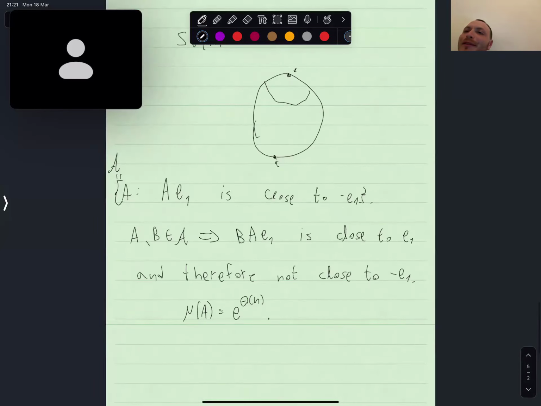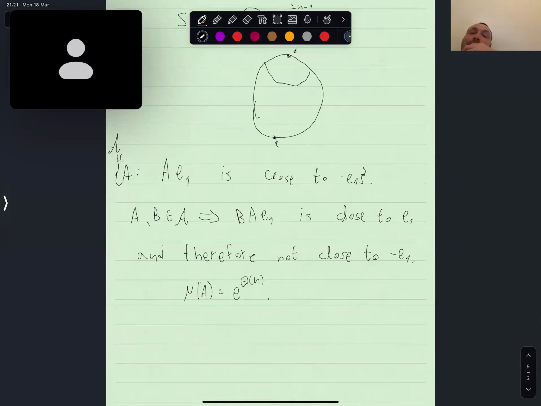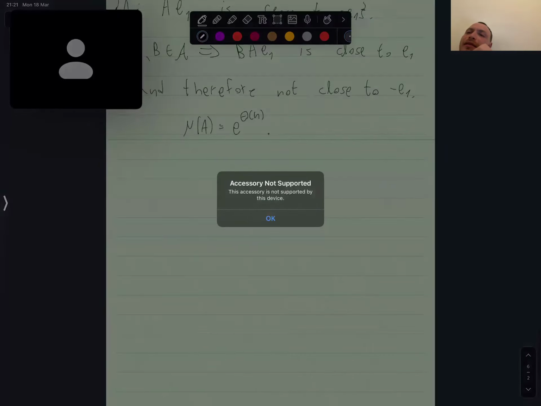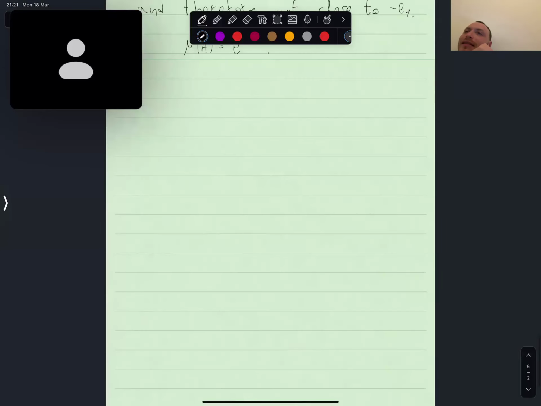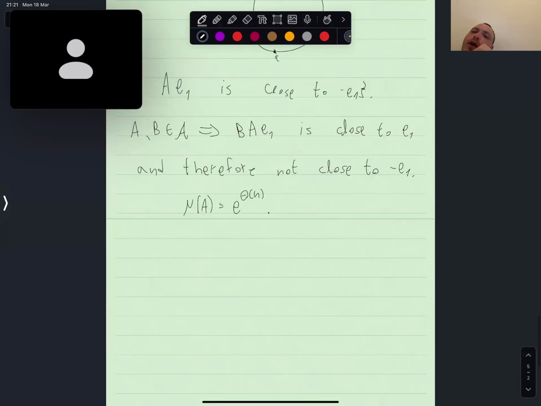Remarkably, this problem was posed completely independently by physicists who were interested in basically quantum communication complexity.